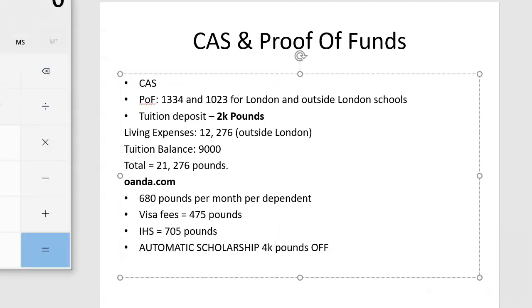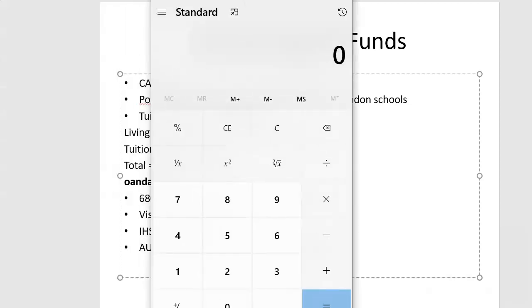So for each dependent, 680 times 12 is £8,160. If you're married with a child, for 12 months, that's £16,320. If you are married and have 2 kids, that's 3 dependents in total, so it's £2,040 per month that you must show.